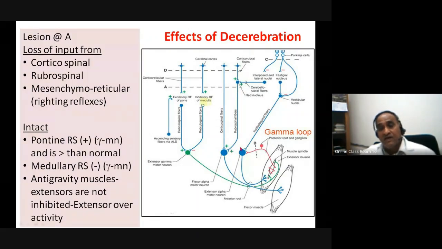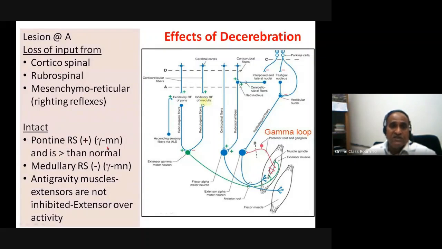So that would decrease the activity in the upper limb, so that the gamma motor neuron of the extensors takes over, and in turn they have a reciprocal interaction. This would be uninhibited, and there would be more extensor activity there. So these are the effects of decerebration, which I have explained here.